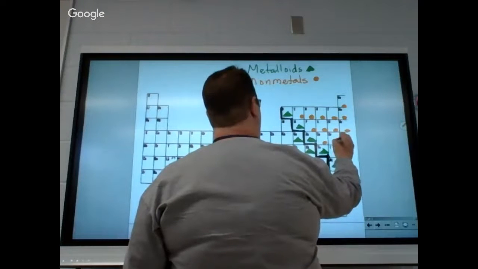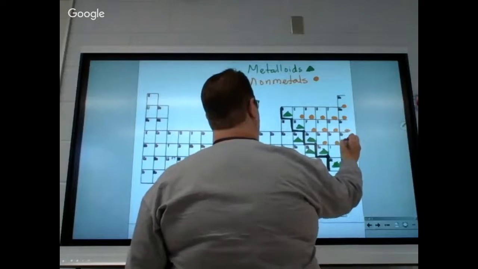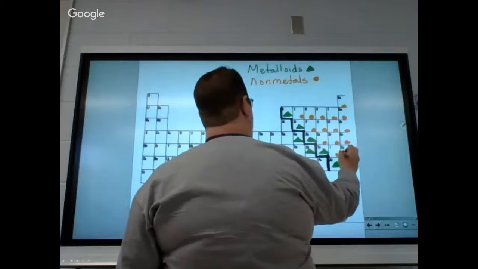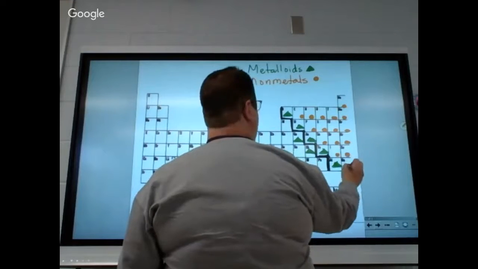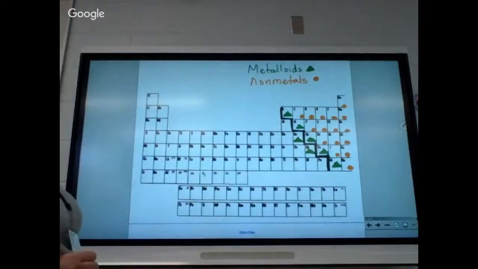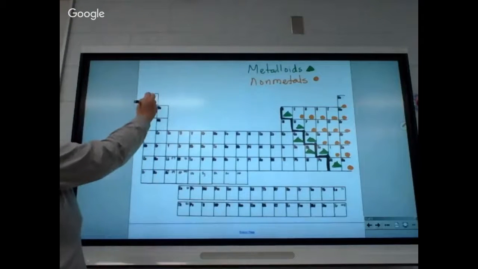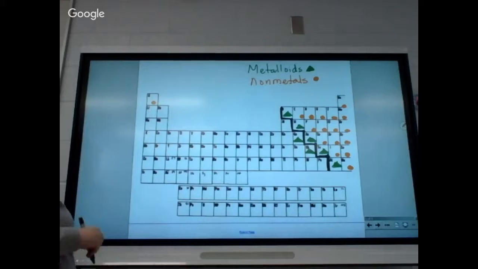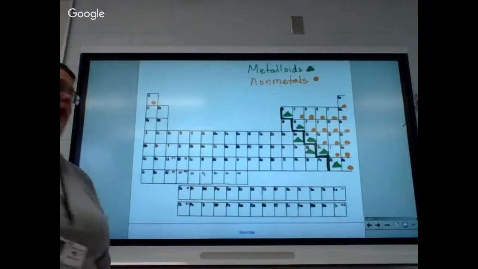Would you put one for hydrogen too? I'm going to. I was going to ask, what's the nonmetal that's in the wrong spot? But Diego has already said that hydrogen is our exception. So way over here on the right, I'm going to put a little orange dot in the hydrogen spot for its nonmetal. Now, at this point, that means everything else on the periodic table is what? Metal. That's correct.